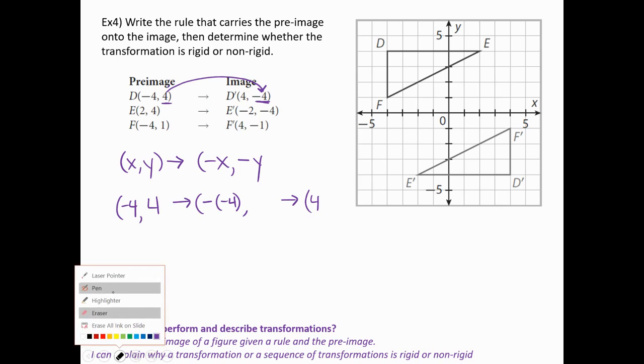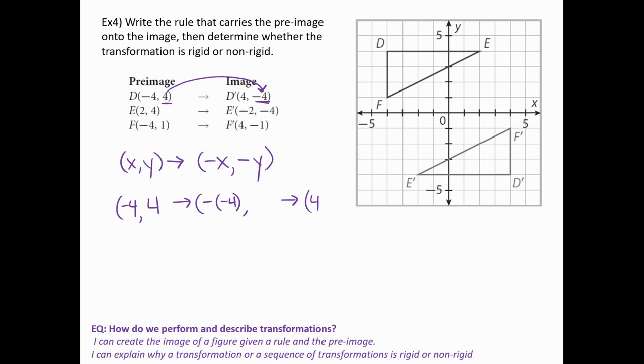Okay, so it looks like this is going to be our rule, but we're going to finish testing it out and see if it works. So I have 4 for my ordered pair, and then I plug that in for the y. It tells me to do -(4). And so -(4) gives me -4. So it works. And I could test it for all the additional points.